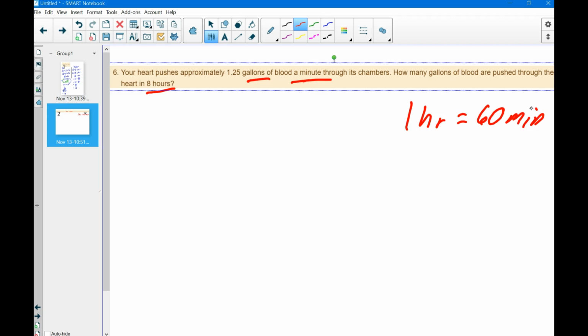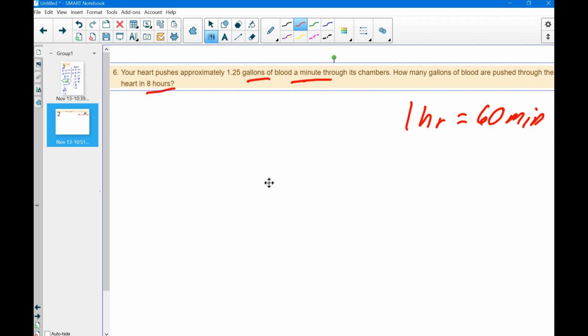So I'm going to set this up like a, remember we talked about units earlier in the chapter and dimensional analysis and things like that, how the units will cancel as we're going through a problem and solving problems. Well, I want to show you how dimensional analysis can actually help you solve the problem, okay? We know that it's going to be 8 hours.